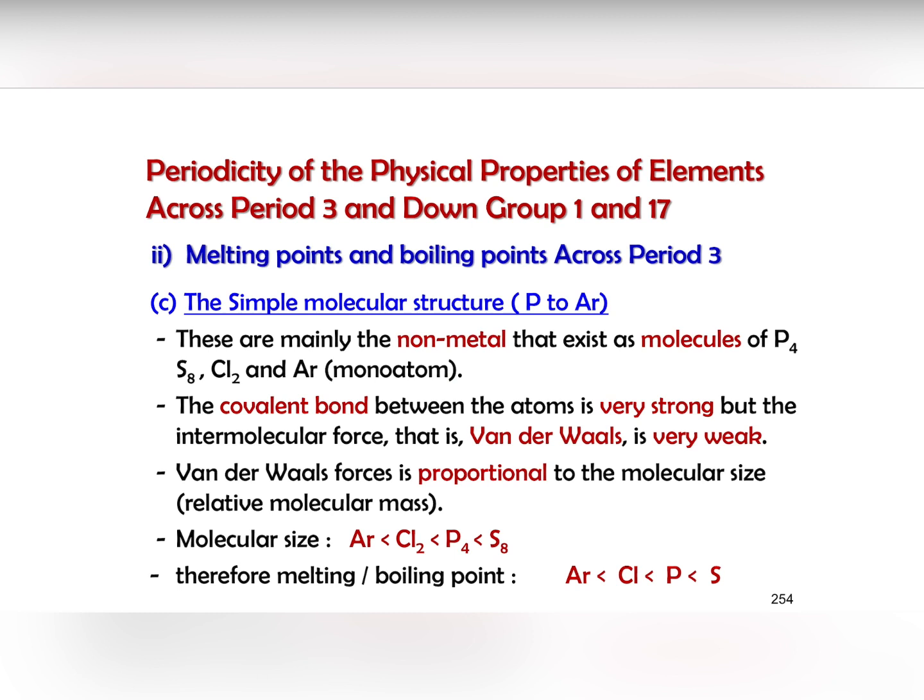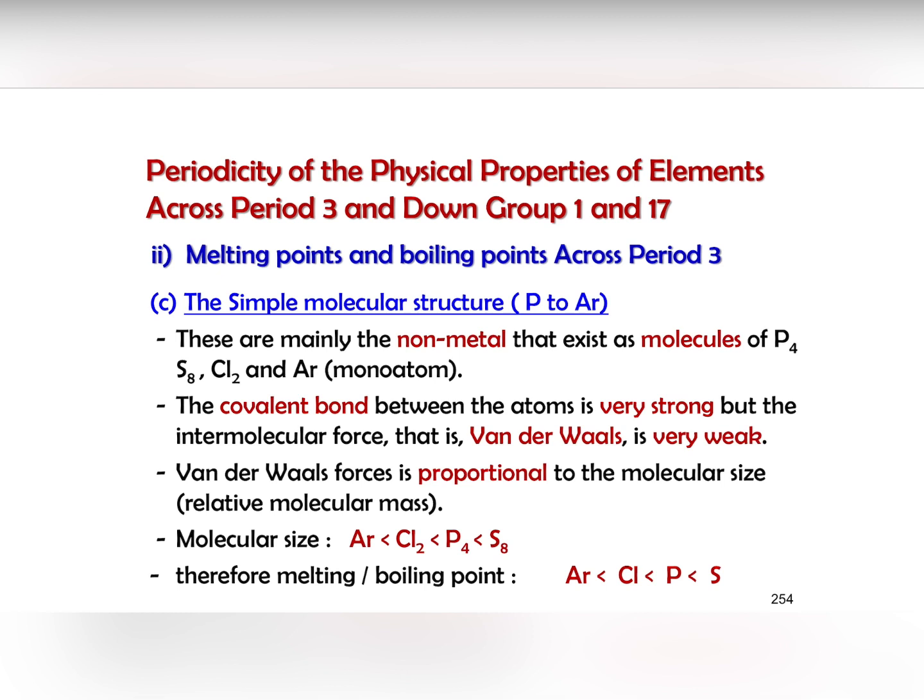So we refer to IMF. The van der Waals forces are proportional to the size. So an increase in size will increase the van der Waals forces. The strength of van der Waals forces means there will be an increase in the boiling point and also melting point. This relates back to what we learned before about intermolecular forces and the factors affecting the melting point and also boiling point.